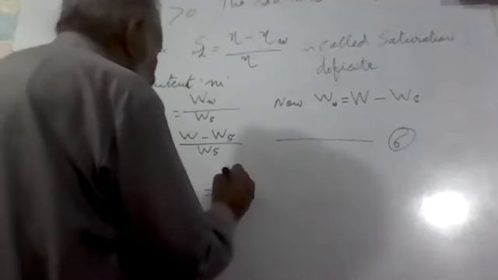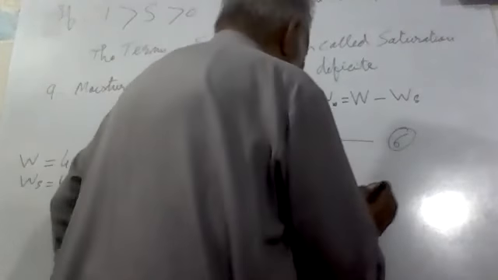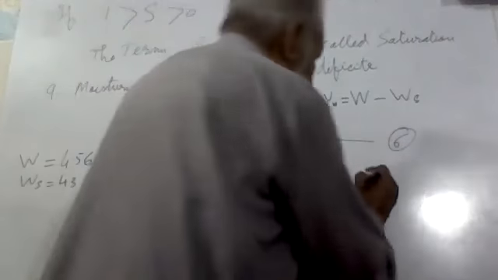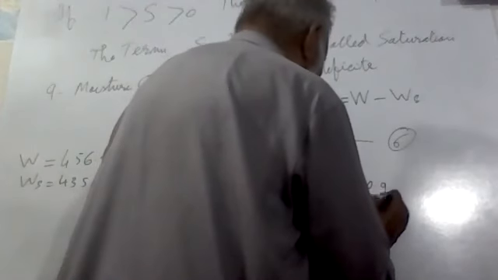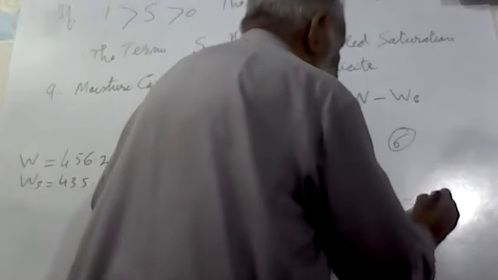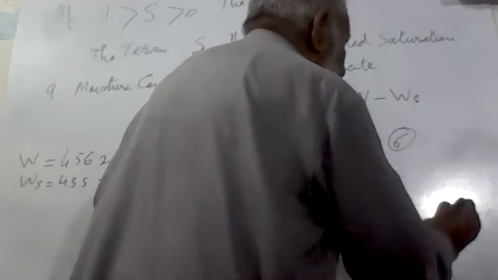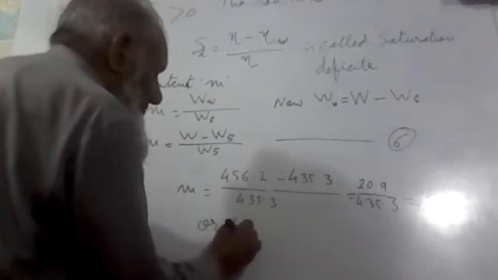Then m will be equal to 456.2 minus 435.3 divided by 435.3. That is equal to 20.9 divided by 435.3, which is 0.048, or 4.8%.